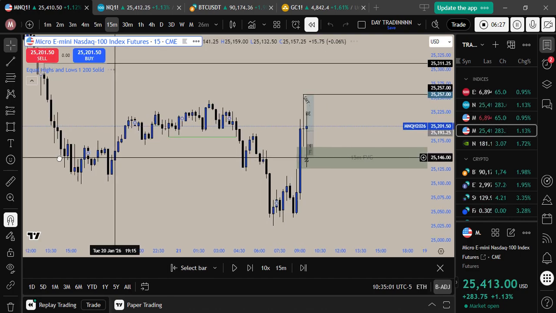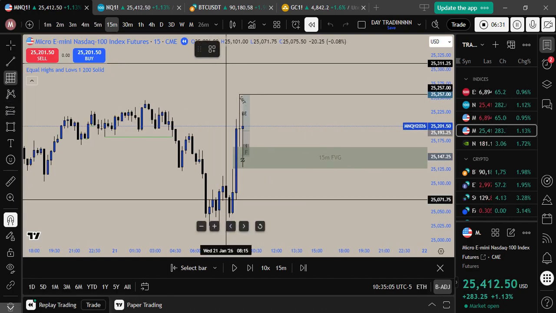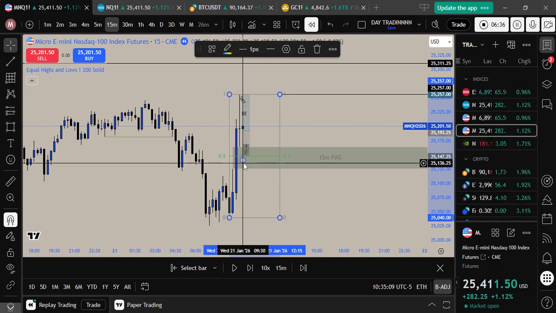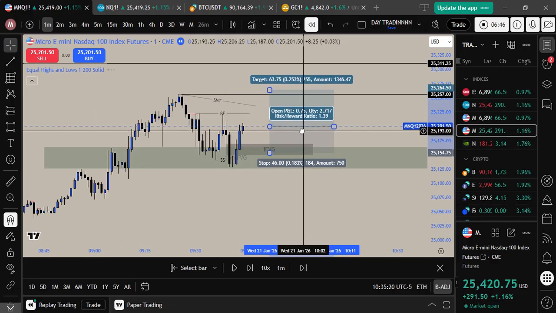If you don't look at this candle, we had equilibrium. From this swing low up to this swing high, we came into equilibrium. So this was very good for me to take longs. This setup was really A plus, in my opinion.